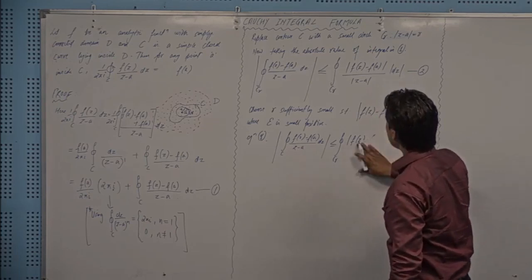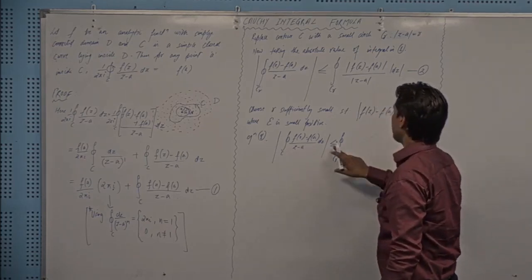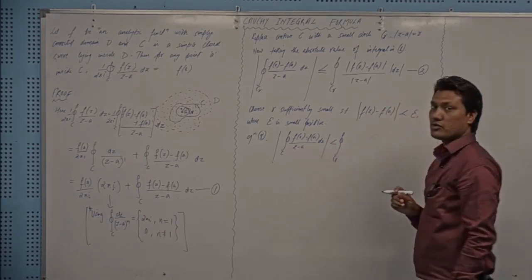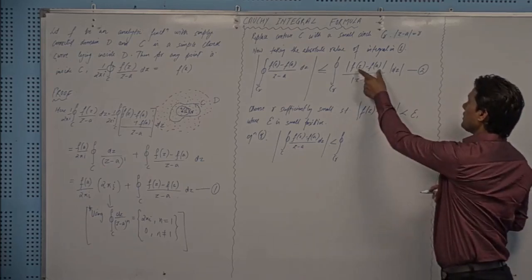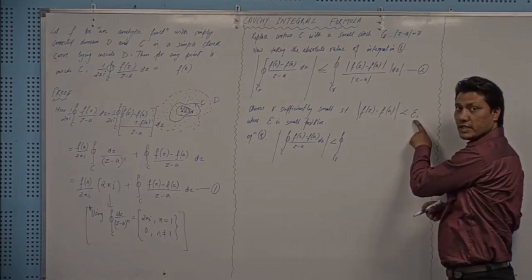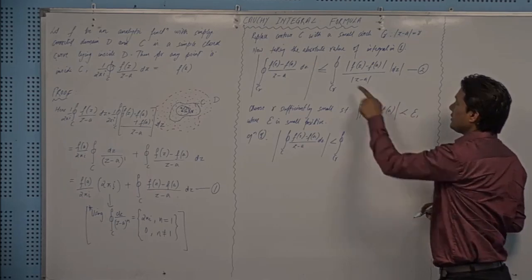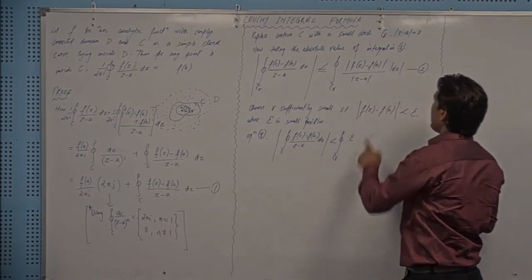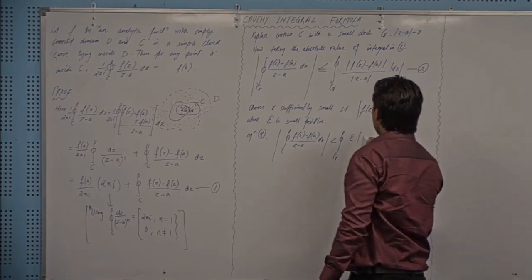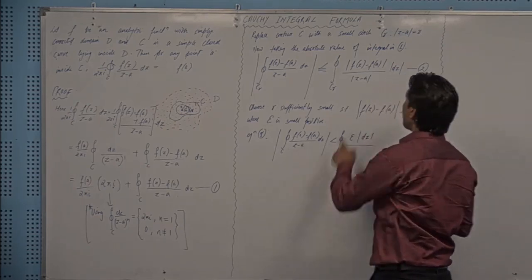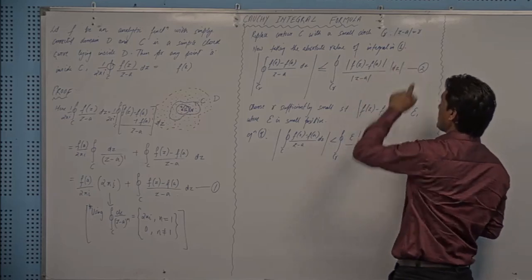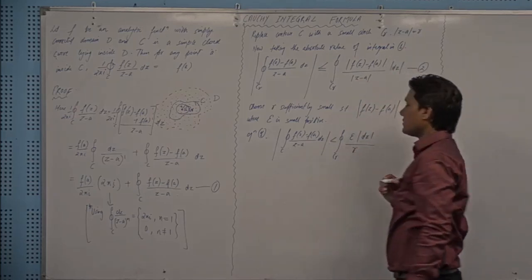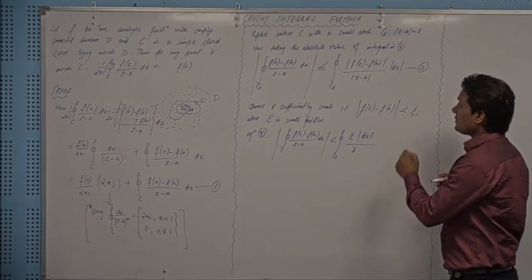Replacing the numerator by a bigger value, epsilon, this time the equality will be removed and we'll have epsilon here. And here we would have mod of dz, and the denominator will have mod z minus a, which is equal to r.